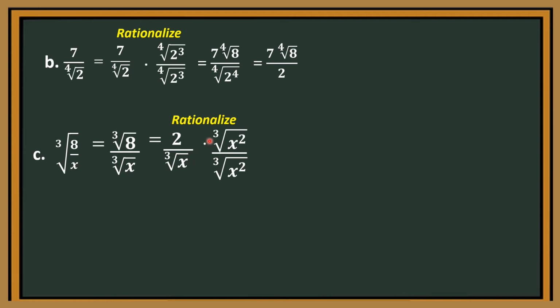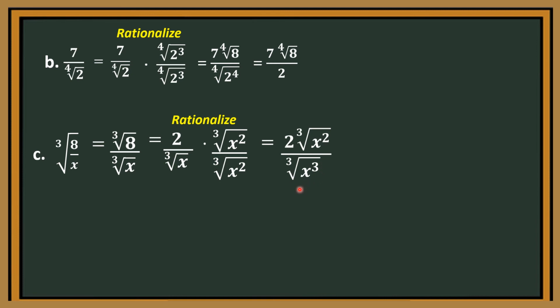And then multiply natin ang numerators and multiply ang denominators. So we will have now 2 cube root of x squared over the cube root of x cubed. So paano naging cube? Exponent of x here is 1 and the other x is 2. Add the exponents. That is why we have here 3.